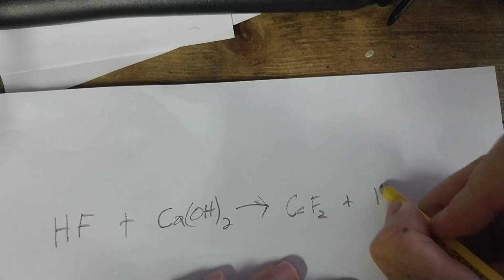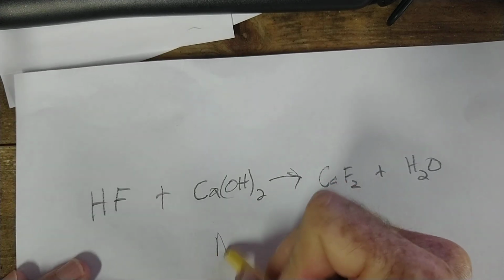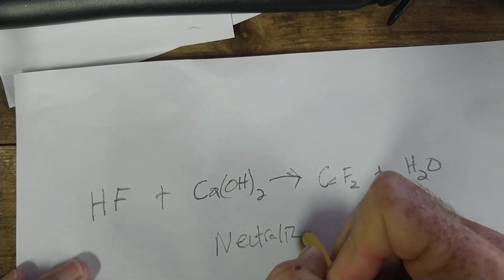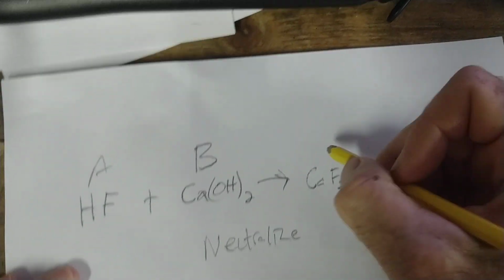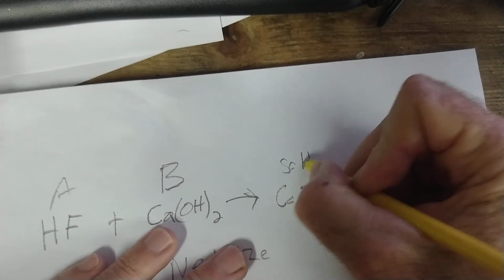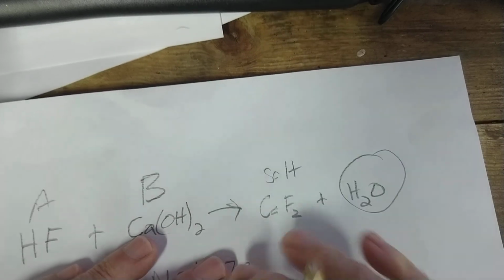And then again over here we'd have water. And of course we'd have to balance it, but when you neutralize, when you mix an acid and a base, you end up with salt and water, okay?